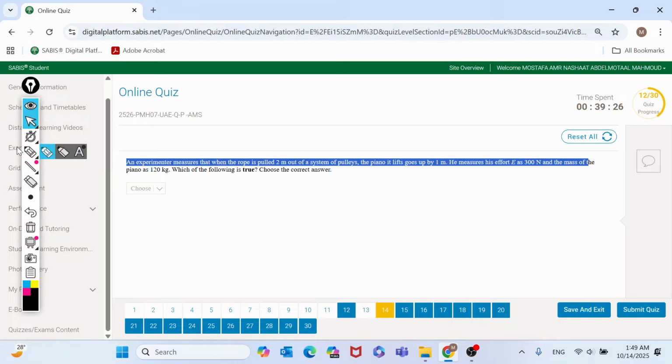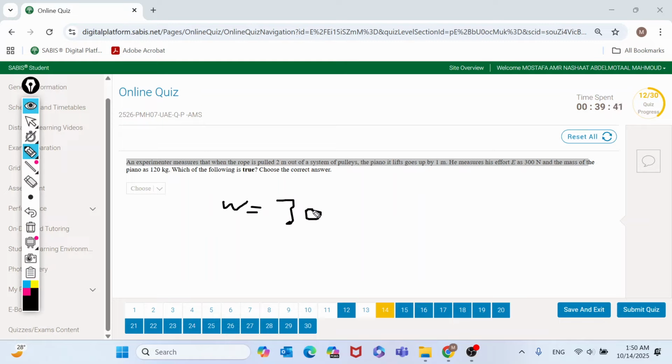The work he did is force times distance, 300 newtons for 2 meters. Work is force times distance. Distance is 2, so it's 600, yeah?